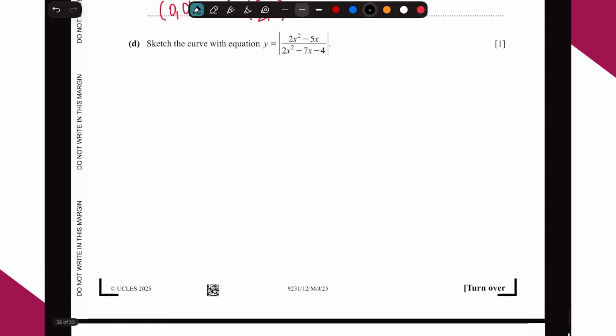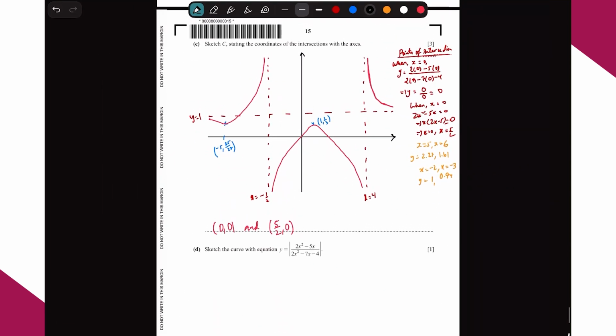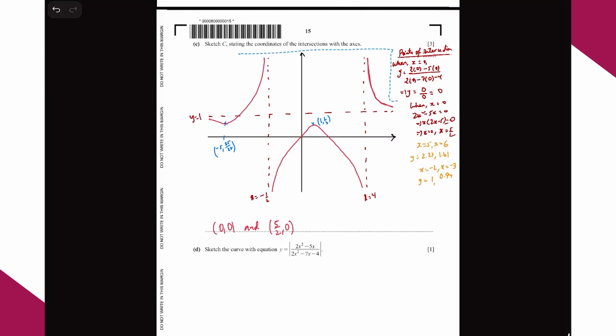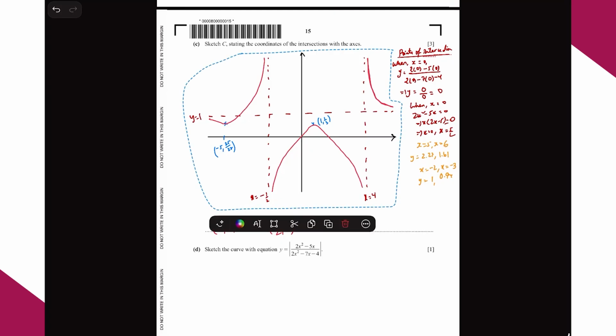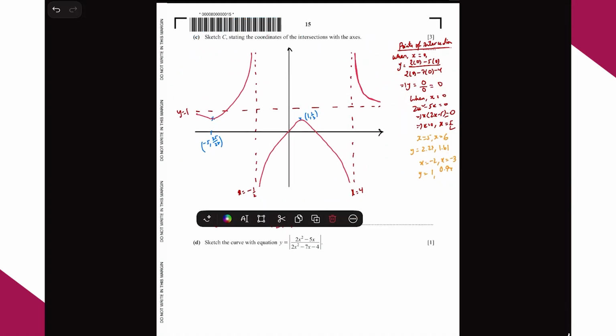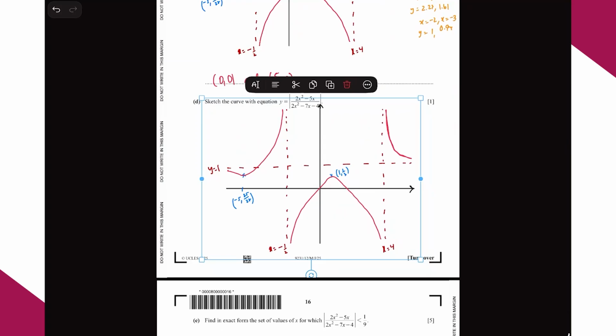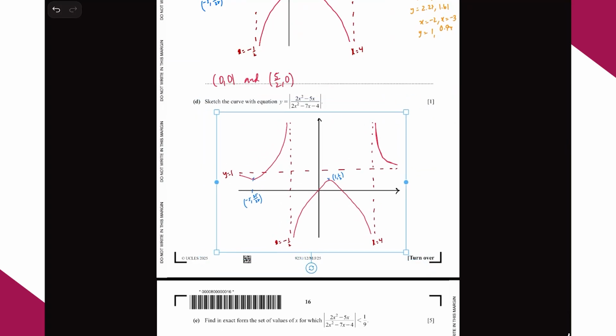For this one, it's exactly the same, but this is an absolute value function, so all the negative values will turn positive. That's the only change you have to make. Just to make the video quicker, I'm going to select this, copy it, and paste the exact same thing here.